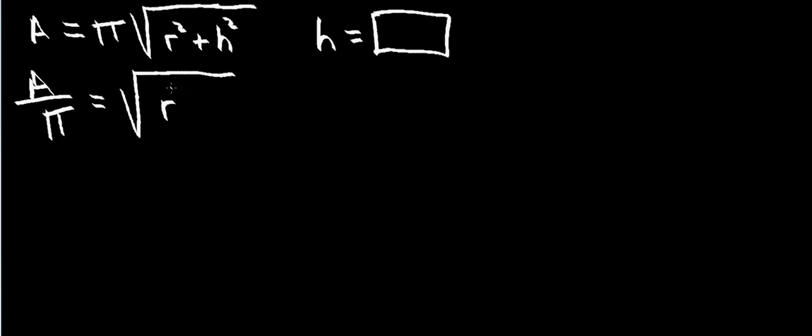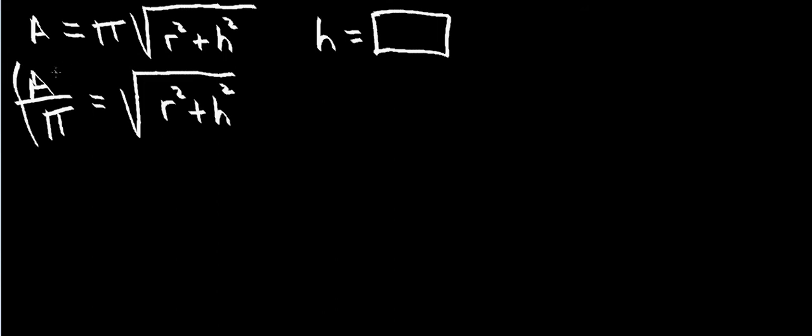Okay, we're going to start by moving this pi that is multiplying the square root on the right hand side. It's going to go to the left hand side dividing, so a over pi equals the square root of r squared plus h squared. Now we want to get rid of the square root to bring our h from inside to outside, so we're going to square both sides.